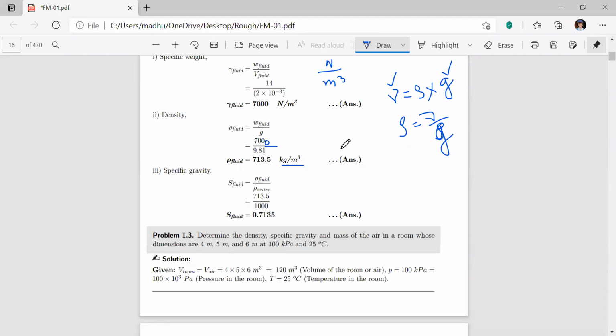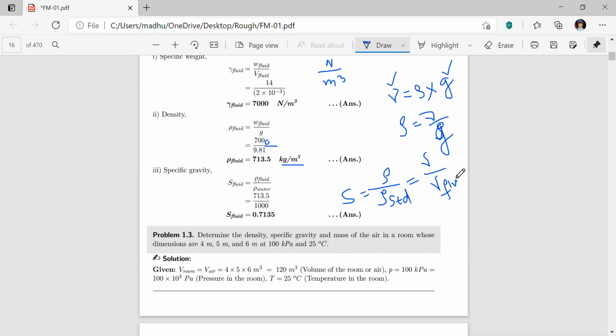The third one is specific gravity. So specific gravity is nothing but the density of the fluid divided by the density of the standard fluid. So this is what we have discussed. So this is nothing but specific gravity. Or else this is also the weight density of the fluid divided by the weight density of the standard fluid.